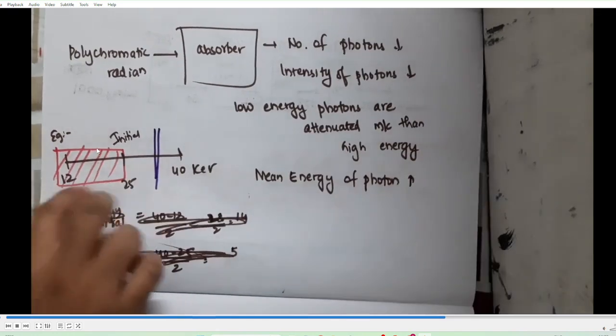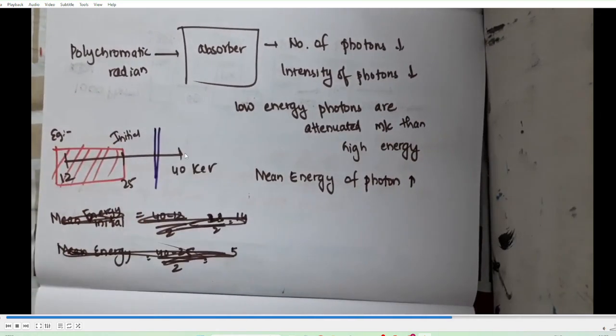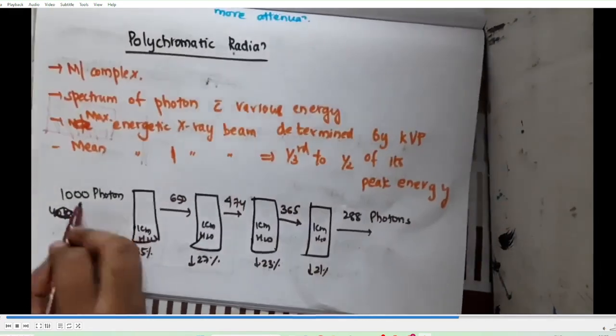The mean energy of the photon increases. The calculation has gone a bit wrong, but anyways, if this is the initial energy and this is the final energy of 40 kilo electron volts, the mean energy will be somewhere in the middle. When you see the mean energy between 25 and 40 kilo electron volts, the mean energy will be increased a little more. So with the absorber, the mean energy increases.